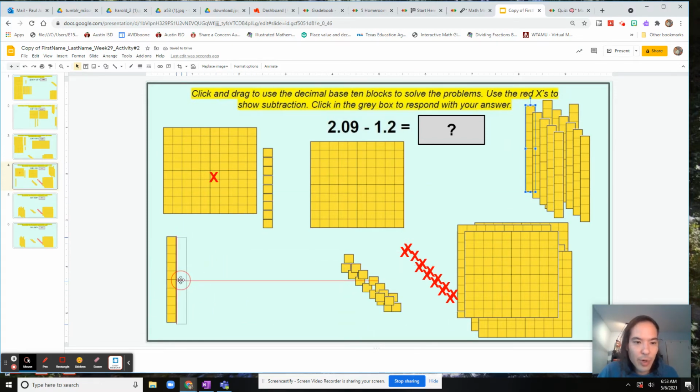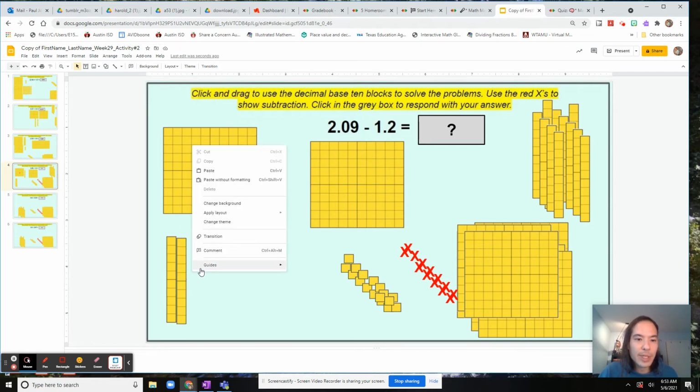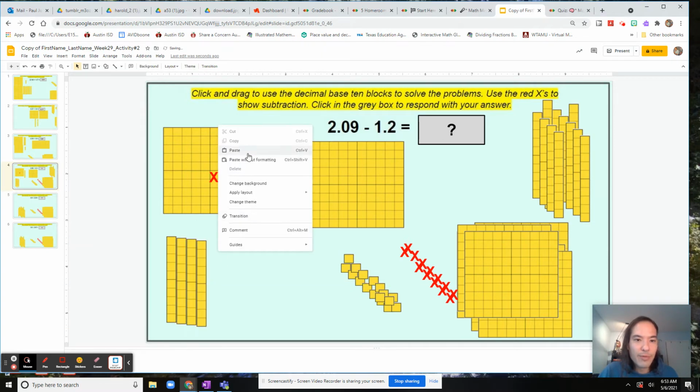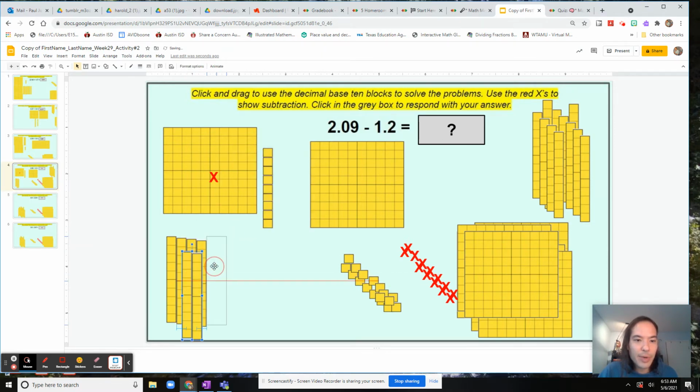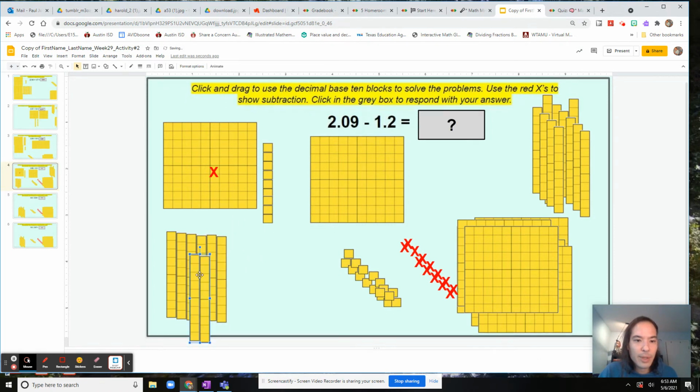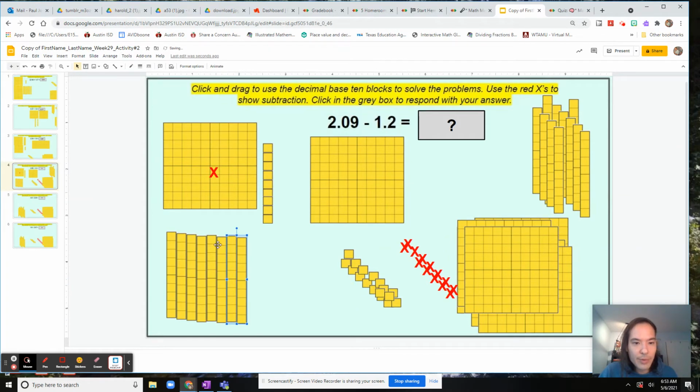I'm going to switch out my 1 whole for 10 tenths. Remember, 10 tenths equals 1 whole. Anytime we get to 10 tenths, that is a whole. But I want to visually show y'all that I'm taking away tenths. So instead of trying to take it away from the whole, I'm going to make 10 tenths to do that from. 1, 2, 3, 4, 5, 6, 7, 8. Need one more set of tenths.